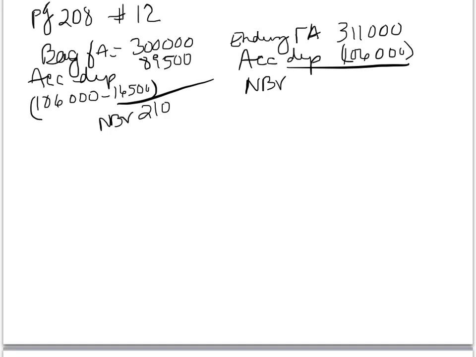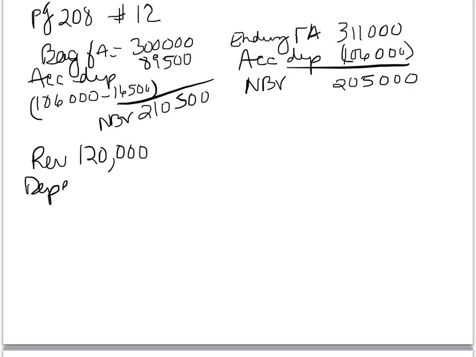So that would be 210,500 for the beginning, and for the end would be 205,000. In addition to that, we have revenues of $120,000, and we have depreciation expense for the period of 16,500.